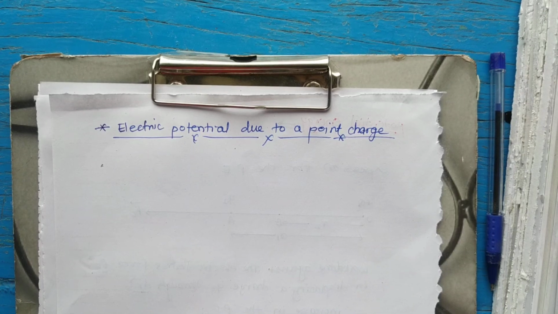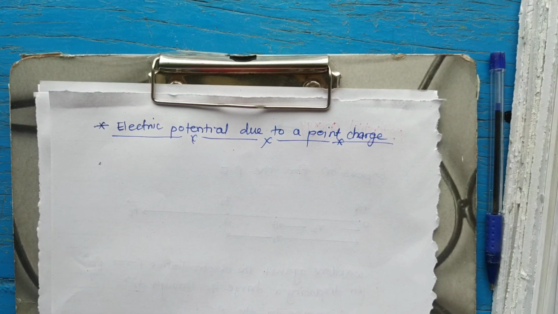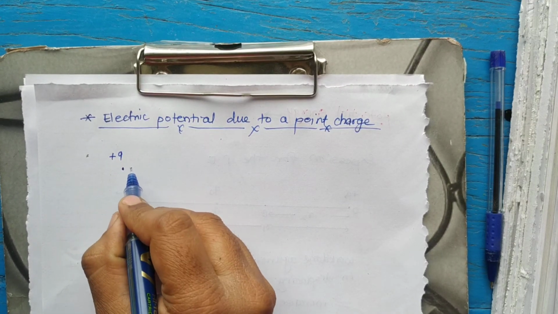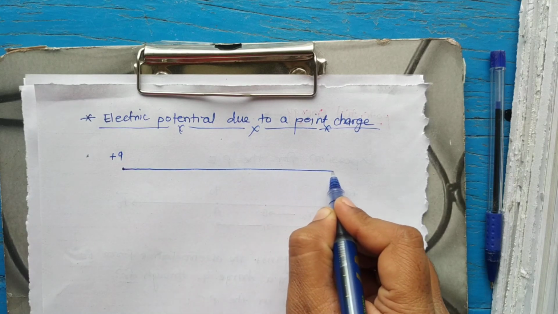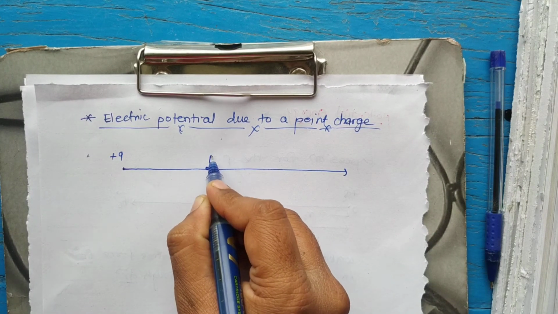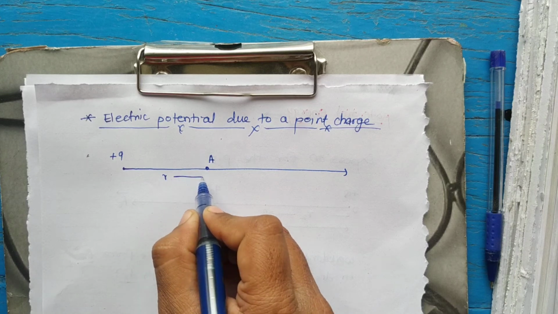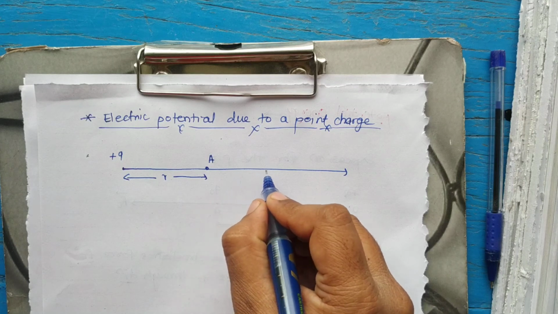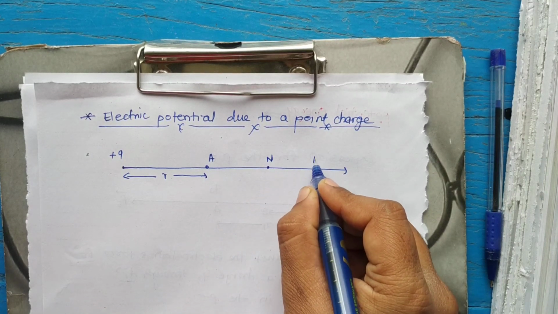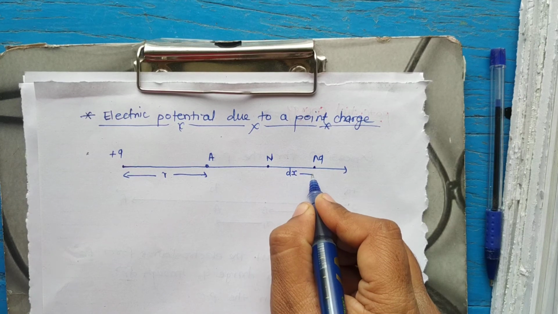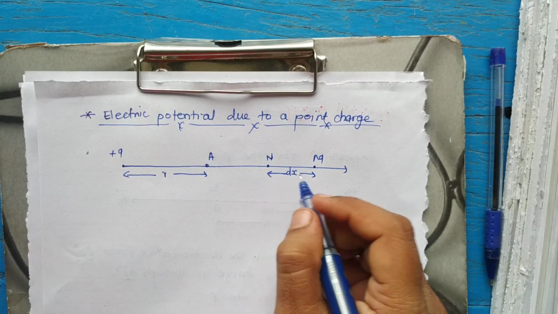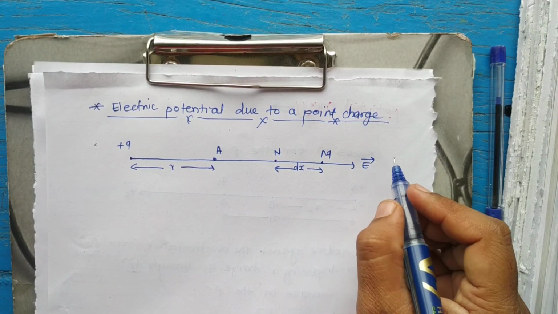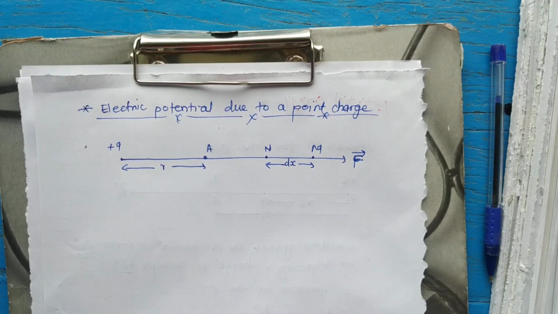So the next derivation is electric potential due to a point charge. For that, consider a plus q charge at point O and consider a point A at a distance r from the charge plus q. This is the point N, this is the point M. The distance between these two points is dx, and this is the direction of the electric field or the direction of the force.